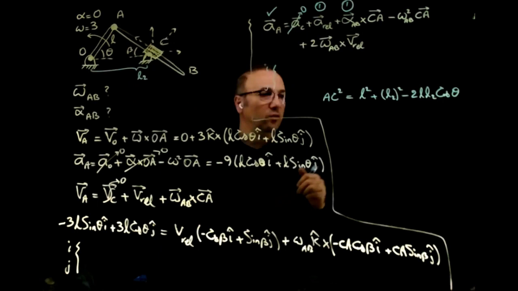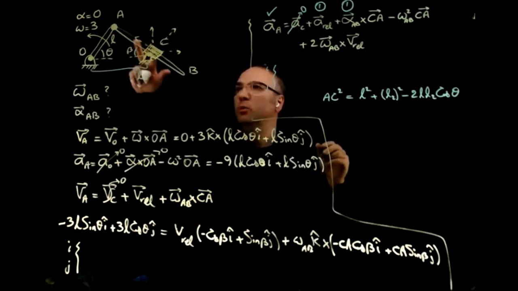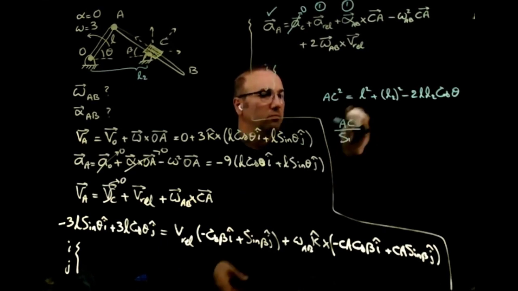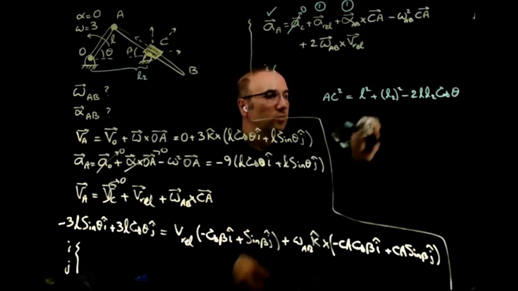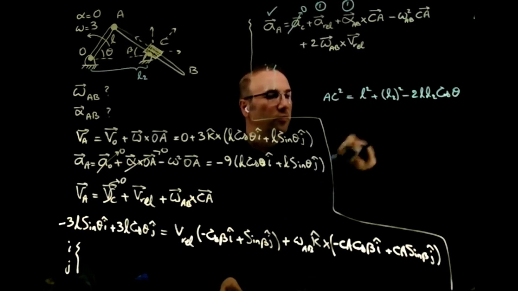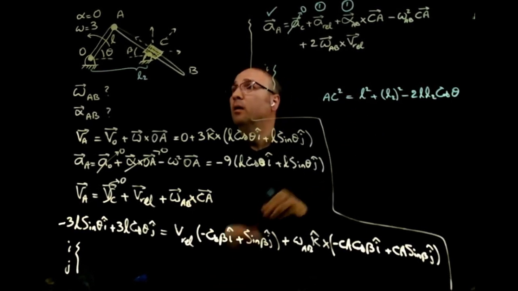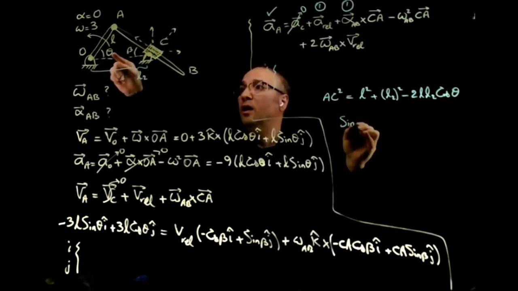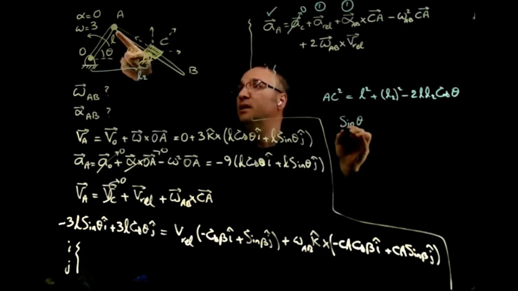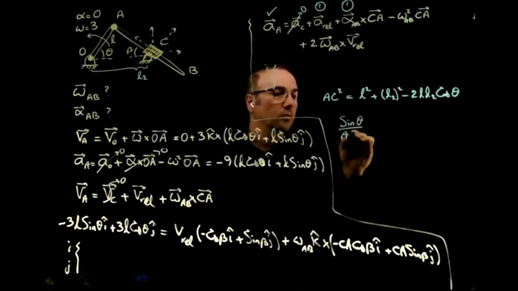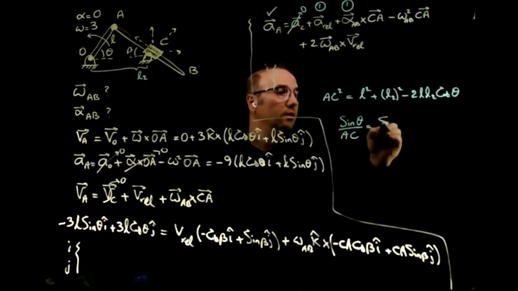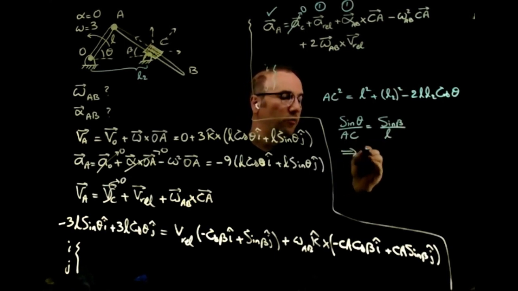When we find AC, we can use the sine rule. Sine of theta over AC equals sine of beta over L. So we get sine of beta, right?